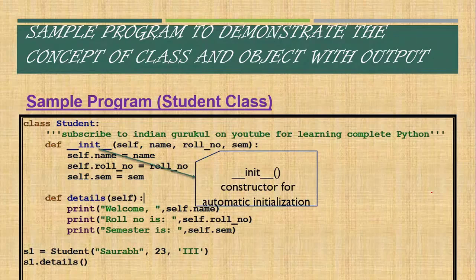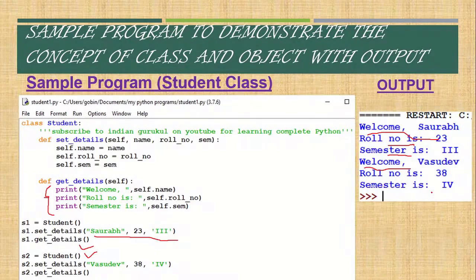And we can even use the constructor. If we use the constructor method, then this method will be called implicitly. So in this case we do not need to call the set details method, because the set details method was not a constructor, so we needed to call it explicitly.